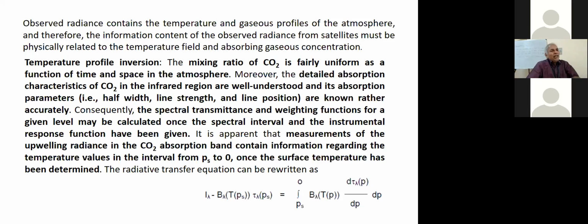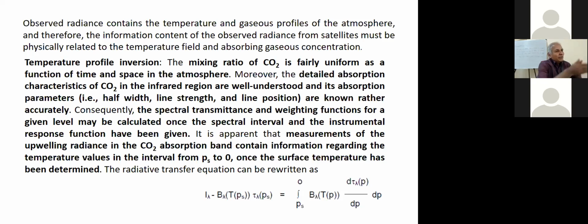So the path length required to absorb all the radiation may be much larger than the entire vertical extent of the atmosphere, so that the lower portion of the atmosphere radiating in the wings of the strong absorption band may actually reach the top of the atmosphere. So this is in principle the whole idea, the philosophy, of temperature retrieval of the atmosphere.